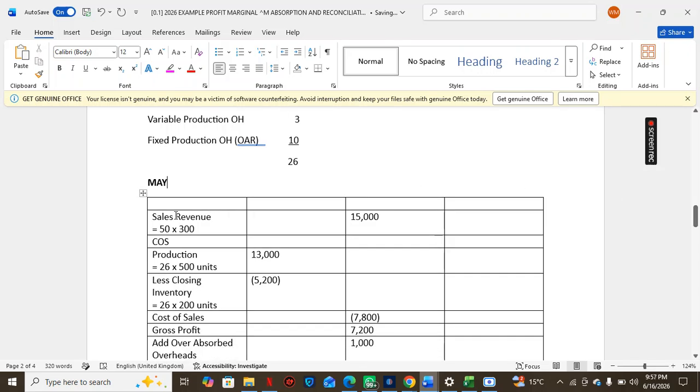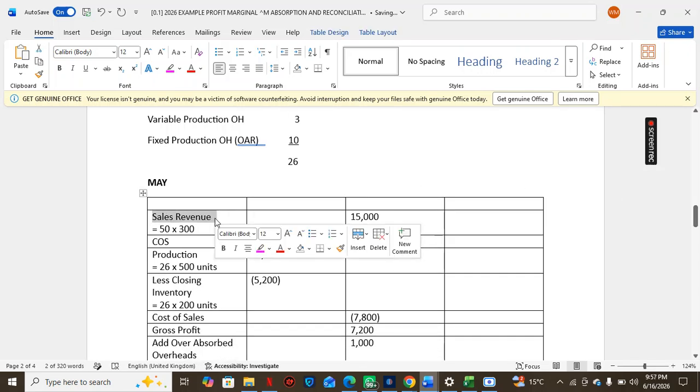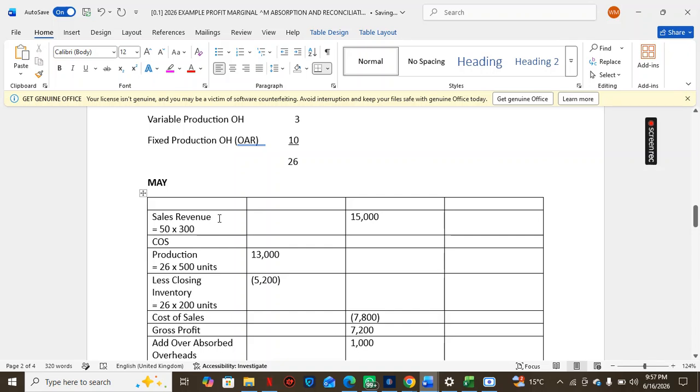So, first things first, sales revenue. Selling price per unit multiplied by number of units sold. Remember last time, never multiply the selling price with the number of units produced.